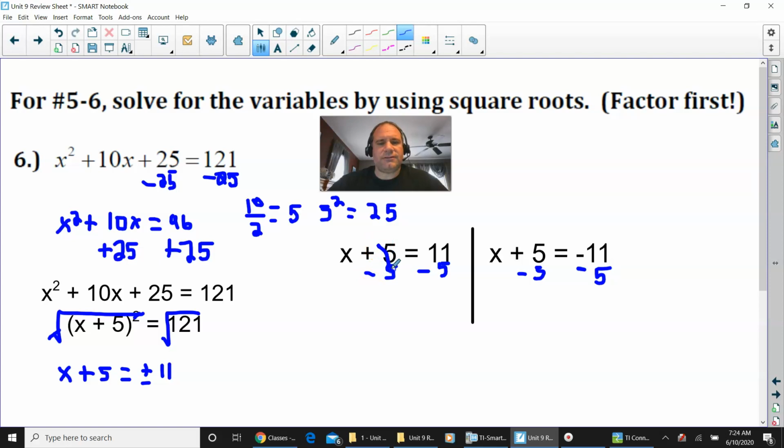So this cancels, and you have x equals 6, and this cancels out, and you get x equals negative 16. Those are your two roots. You put an or, and that is it. Solving using the square root method. Oh, that's fun. It's good.